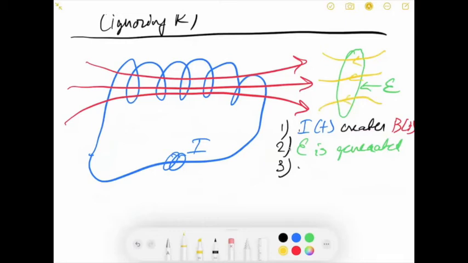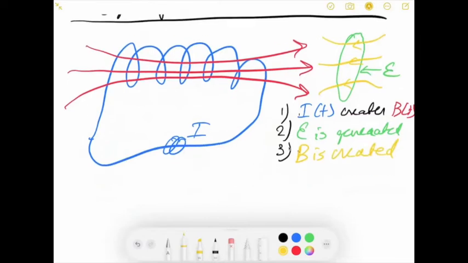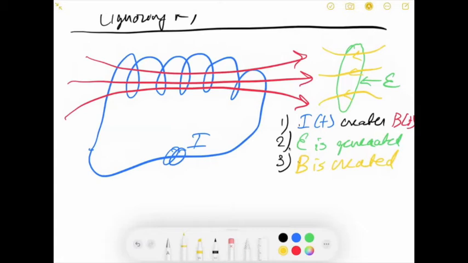Of course, these field lines are going to B is created, and in the same way as we were talking before, we're going to say, well, the work that goes into generating the induced field, the yellow field, we can find by taking the integral of that EMF over time.